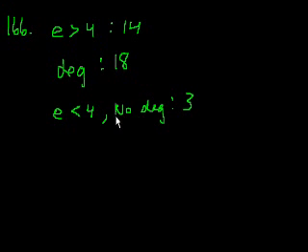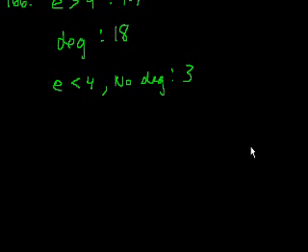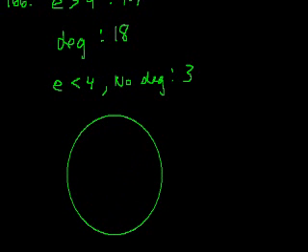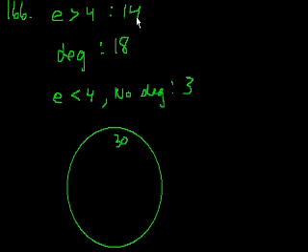At least 4 years of experience and a degree. So let's see how we can think about it. There's 30 applicants for a job. So let me draw our universe. If I did all of the applicants, let me draw it like this. So that's the whole applicant universe, and that's 30. And we know that 14 had more than 4 years of experience.